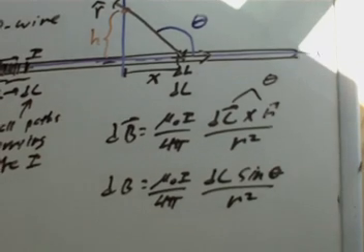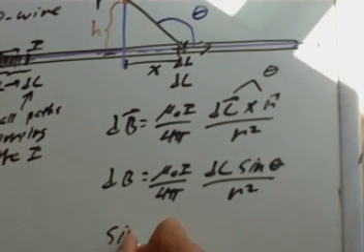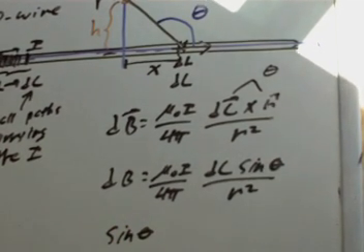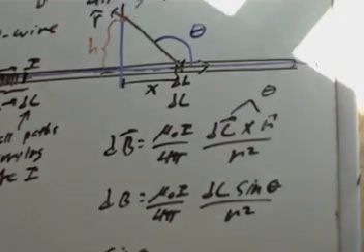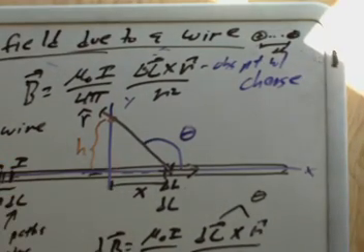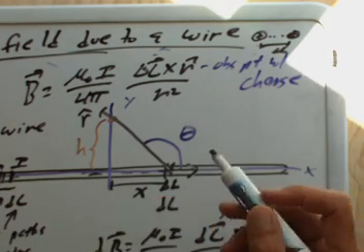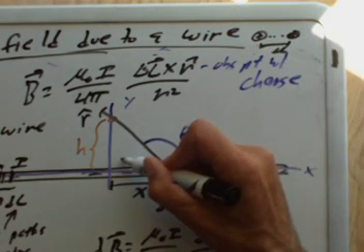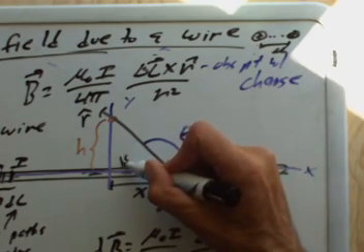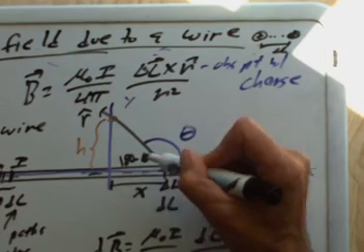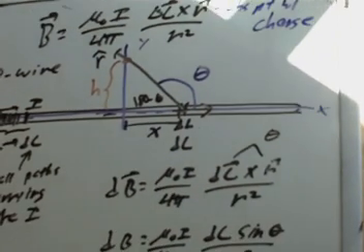So if we look carefully at the triangle, we can work out what that sine is going to be equal to. What is the angle between the dl and the r hat? Well, the way this is drawn, it's not really related to my triangle in here, but I do know that this is theta here, and this is a straight line. So this angle in here, this is going to get messy, is 180 minus theta.